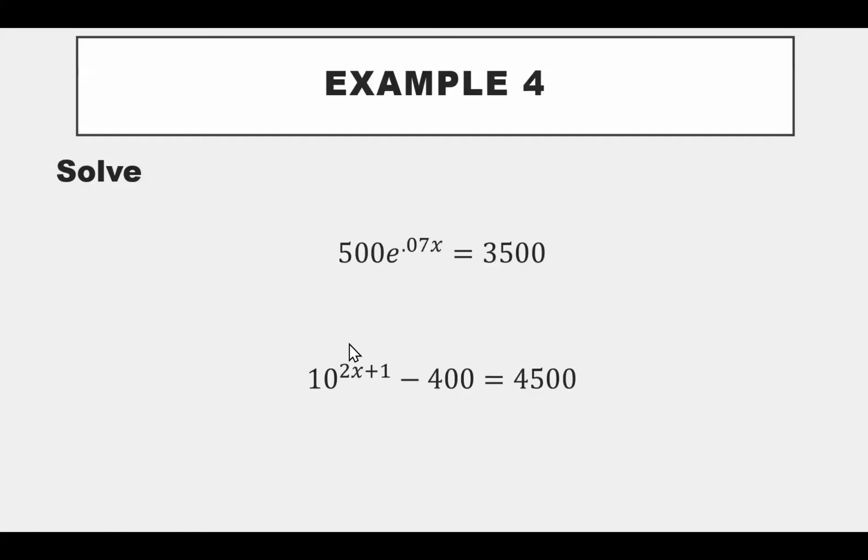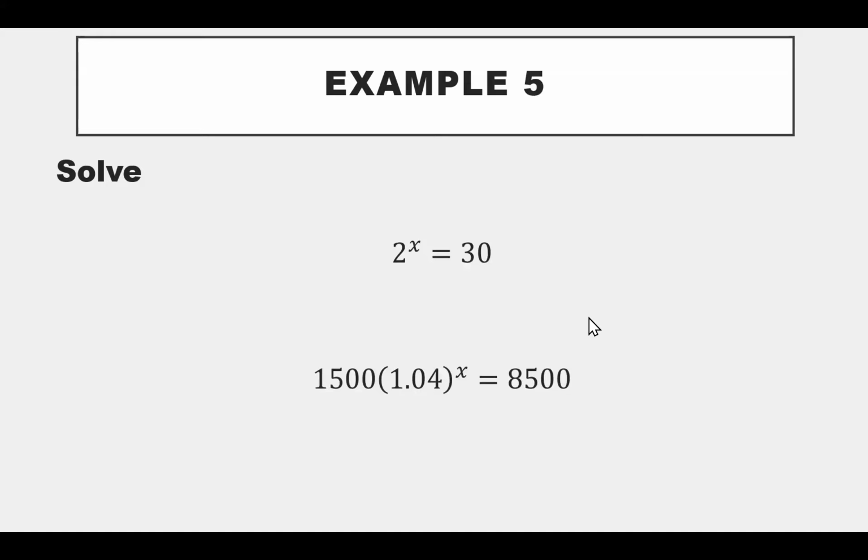Now, both of these cases in example 4 were pretty nice because e is base e. To undo e to a power, I can apply the natural log, which is a key on my calculator. And here I had base 10, so I could apply log base 10, which is also a key on my calculator.